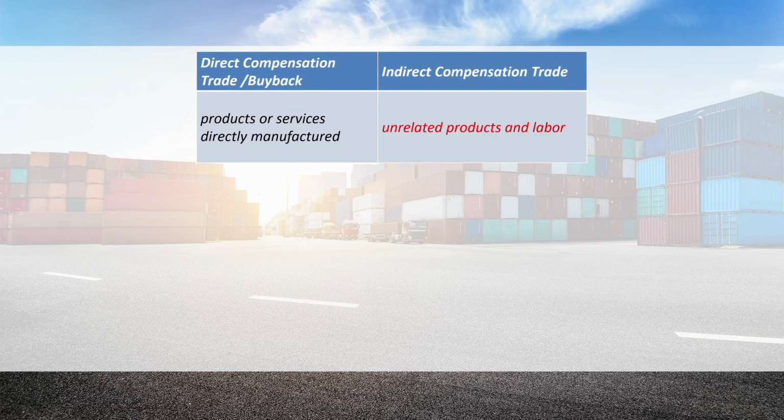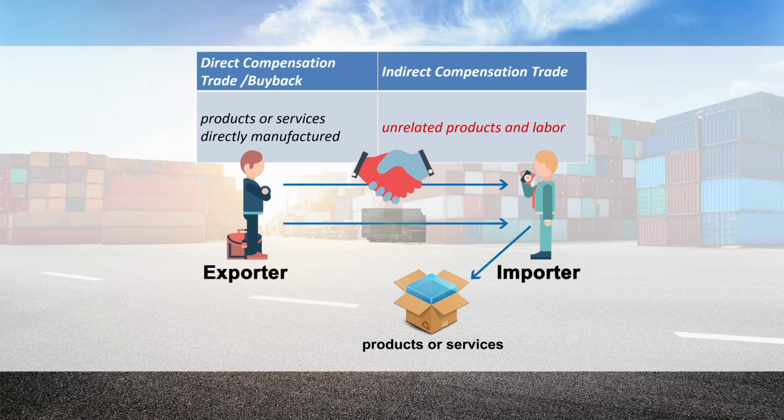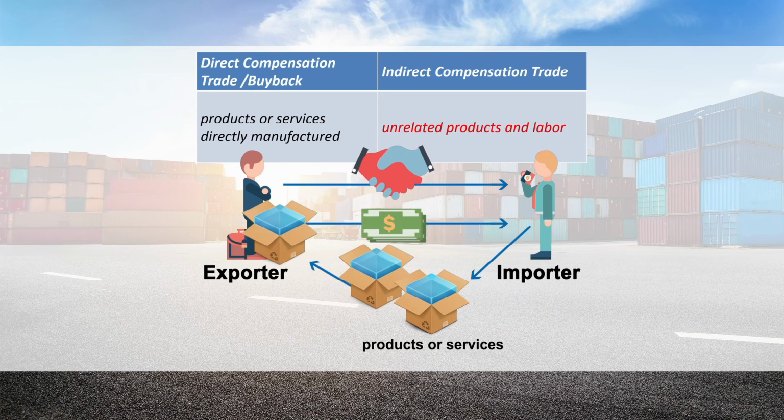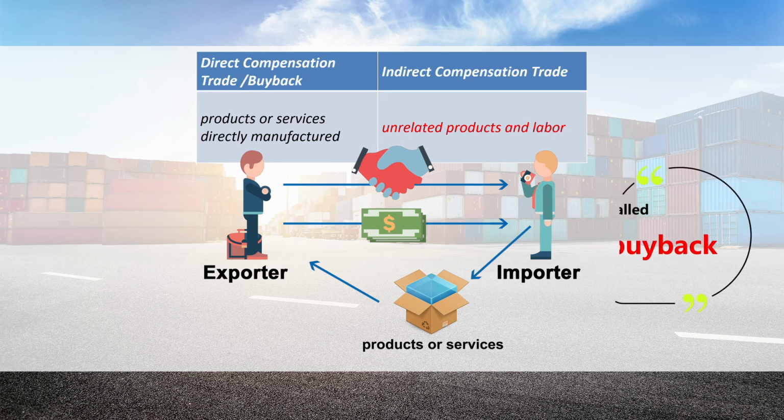In the direct compensation trade, the equipment supplier agrees to buy a certain quantity or some of the products or services directly manufactured by the imported equipment or with the imported technological know-how from the equipment importer, also called buyback.